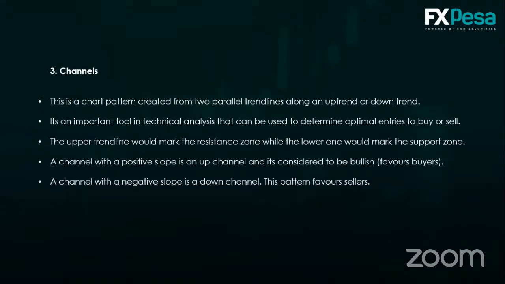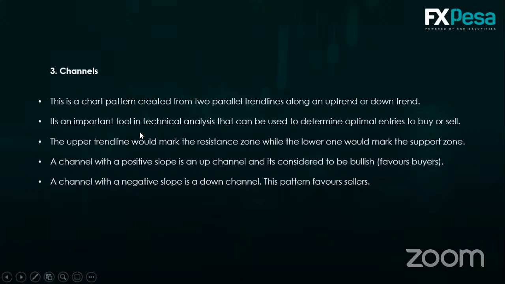The last tool that you can use is a channel. This is a chart pattern, and it's created using two parallel trend lines along an uptrending market or a downtrending market.